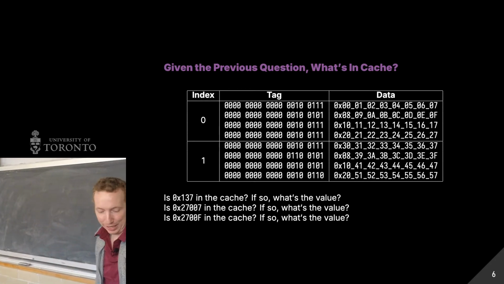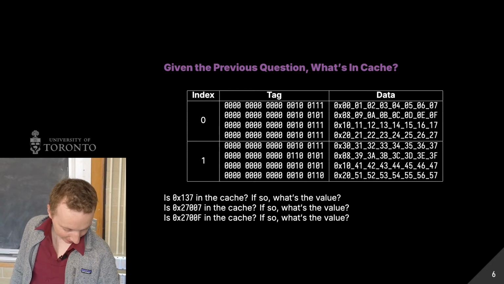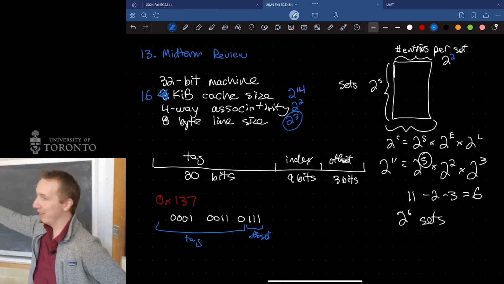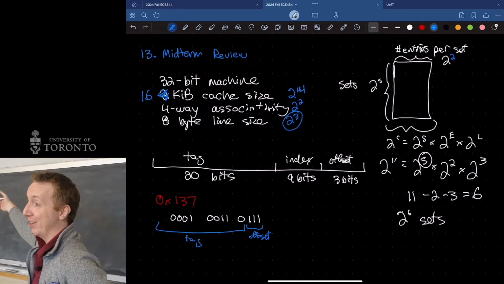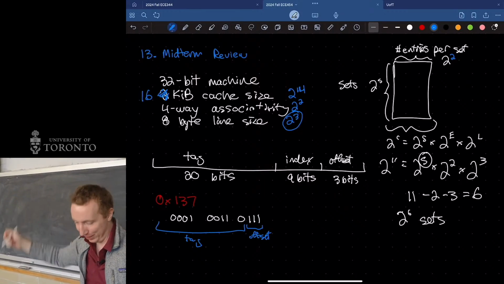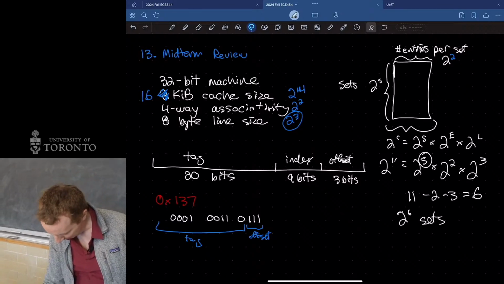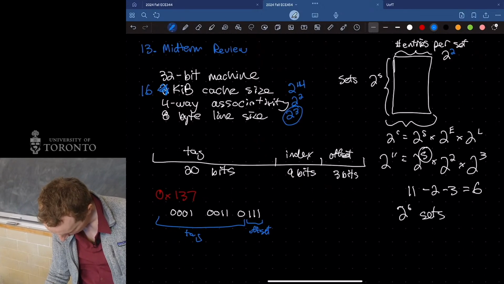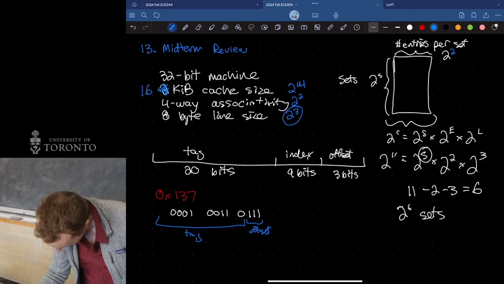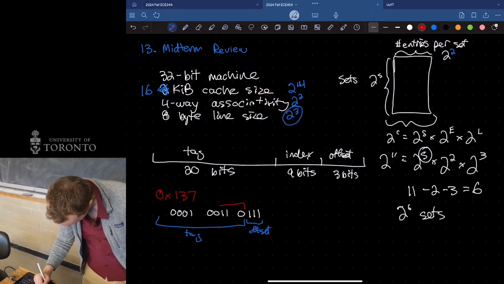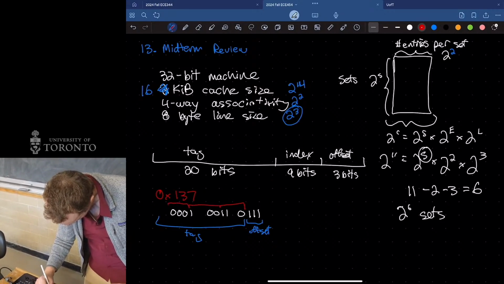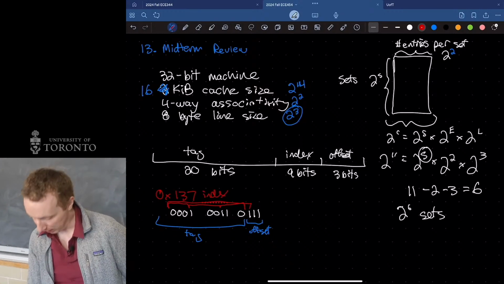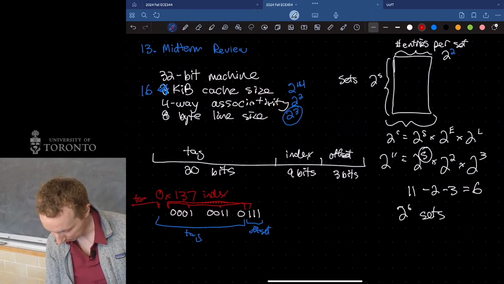The answer to that is no, absolutely not. Because is that how I should divide up my address? No, because there's an index, right? So the next 9 bits would all be my index bits, and then the rest of them would be my tag, which of course have leading zeros.